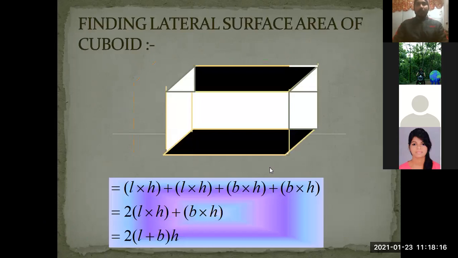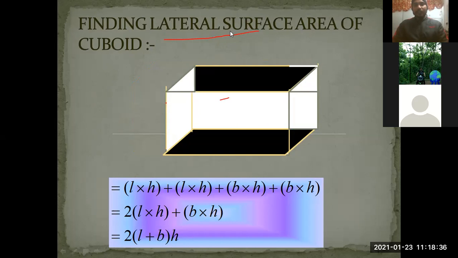The next topic is how to find the lateral surface area. I have already told you that the lateral surface area means the area of the four walls. That means we have to exclude the roof and the floor, leaving only four walls: the front one, the opposite one, and the side ones.